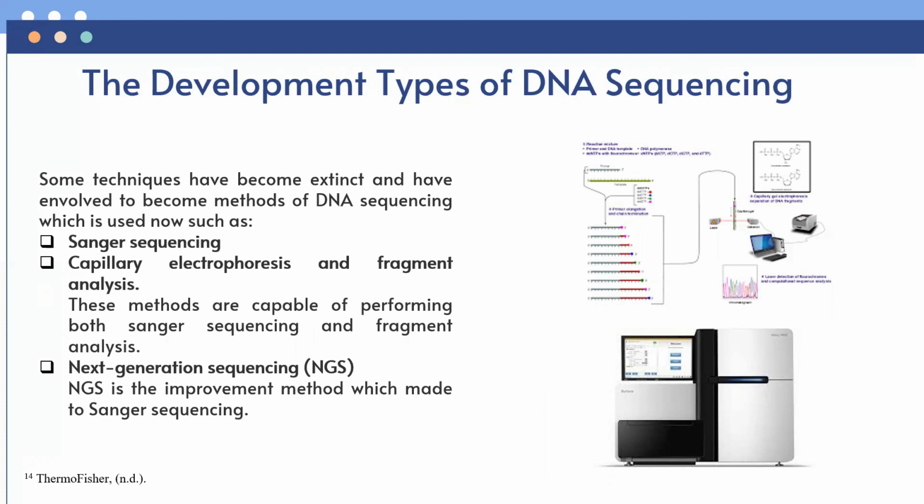The first is Sanger sequencing. Sanger sequencing utilizes the chain termination method to provide the identity and order of nucleotide bases in each strand of DNA. This method makes use of a chemical analog of the four nucleotide bases.